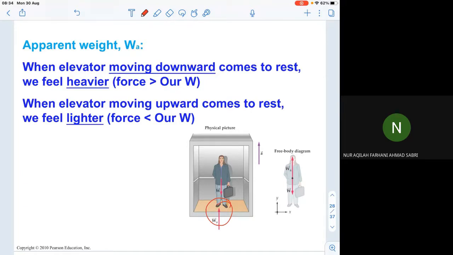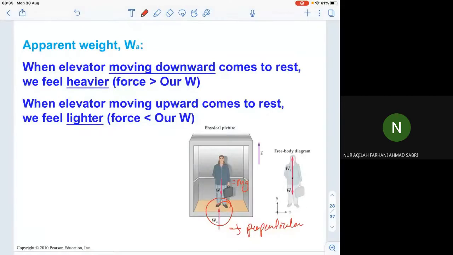It's just the name. But the human body will have mass, and due to gravitational acceleration, we will have weight. mg is always going to be downwards, and the apparent weight will be the force that is always perpendicular to the surface.